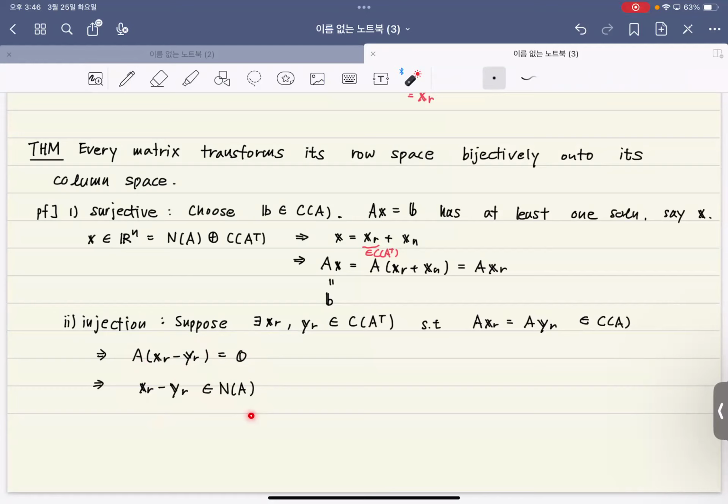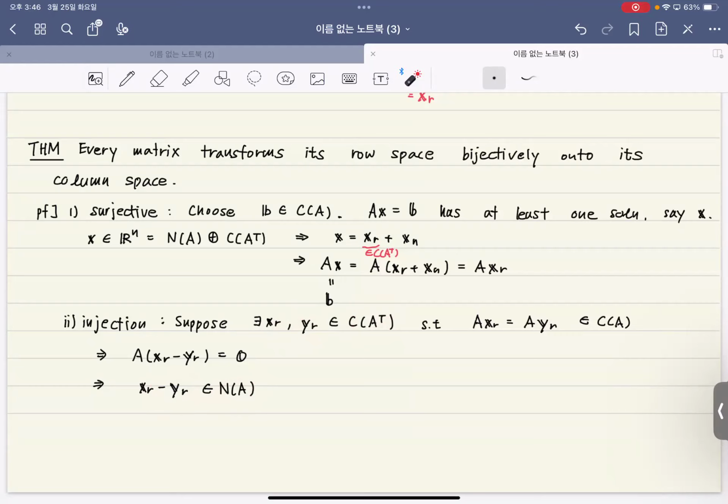Now, x_r and y_r were chosen from the row space, so x_r minus y_r is a member of the row space too. And it is also a member of the null space. There is precisely one vector that lies in the intersection of the null space and the row space. What was that?